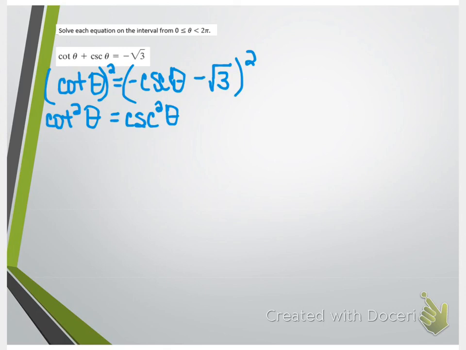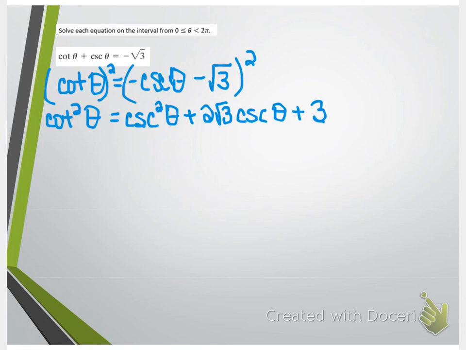Inner times inner, same thing, positive root 3 cosecant theta. So the middle term is plus 2 root 3 cosecant theta. And then last times last, negative root 3 times negative root 3, is positive 3.